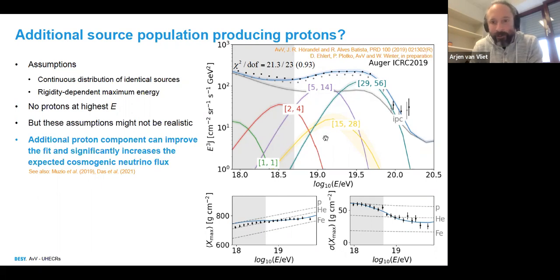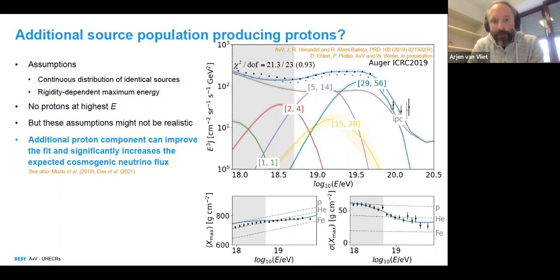Or you could even have basically the same sources, but with variation in the same source class by having different maximum energies there. So that there will be some sources at least that can accelerate cosmic rays up to higher energies than under this very basic assumption that all sources have the same maximum energy.